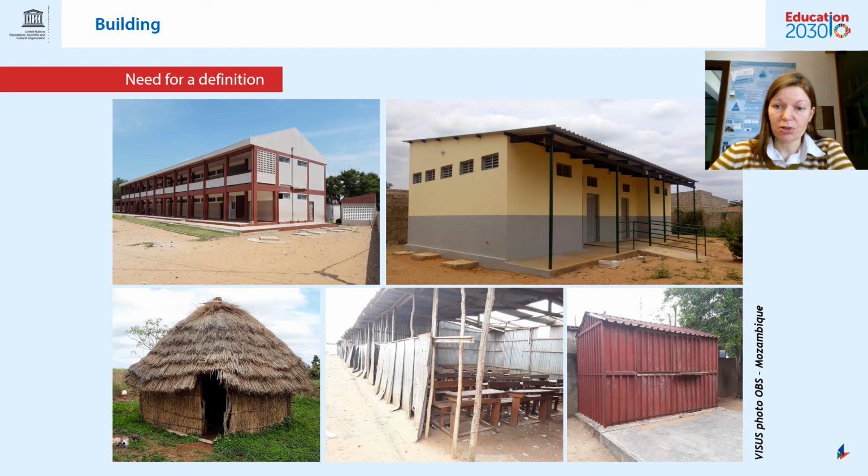All these pictures come from the VISUS Photo OBS, a database of pictures acquired after the application of the VISUS methodology in a previous pilot project. In this case, they come from the Mozambique pilot project developed in 2018.